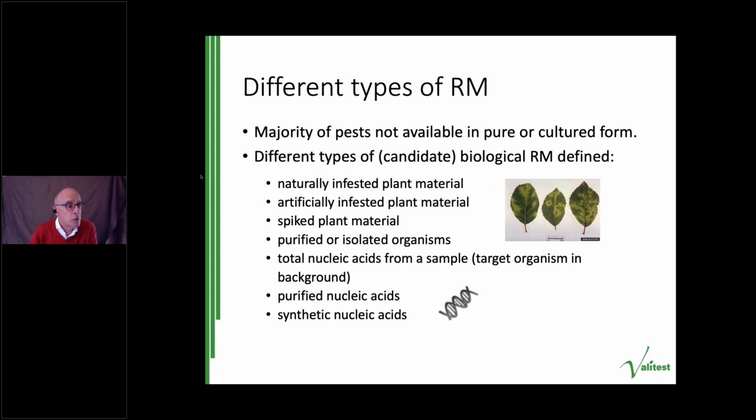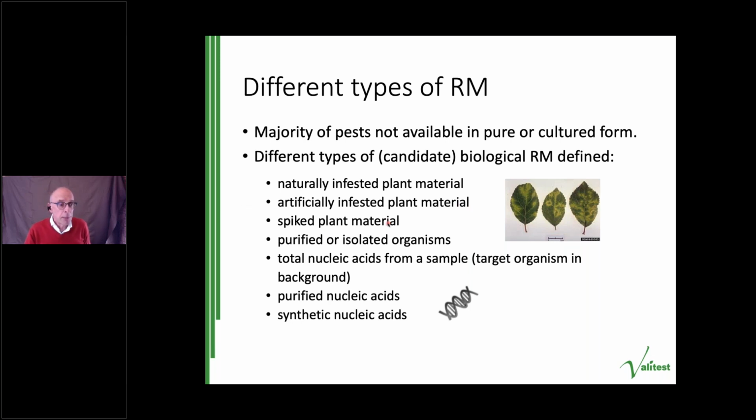The most obvious material is naturally infested plant material, like here, leaves infected with blunt pox virus. But you can also have artificially infested plant material. So that is, for instance, an indicator plant or plant material artificially infected with a virus or with a bacteria or with a fungus, right?